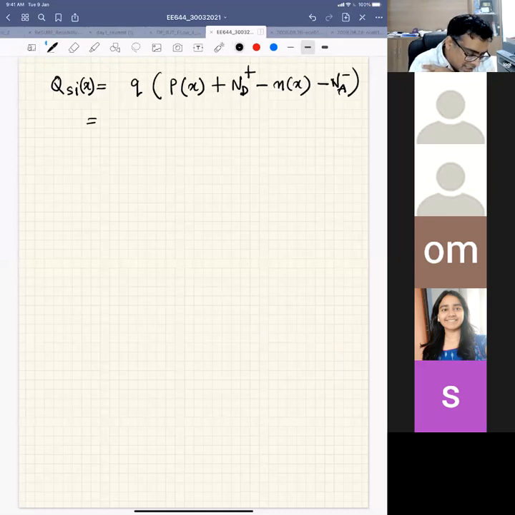But the silicon is p-type doped, so there will not be any nd plus, since we have only acceptor ions and we will not have any donor ions. So you could write it this way.